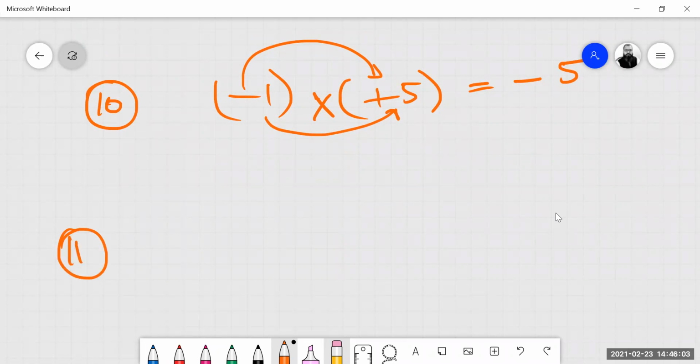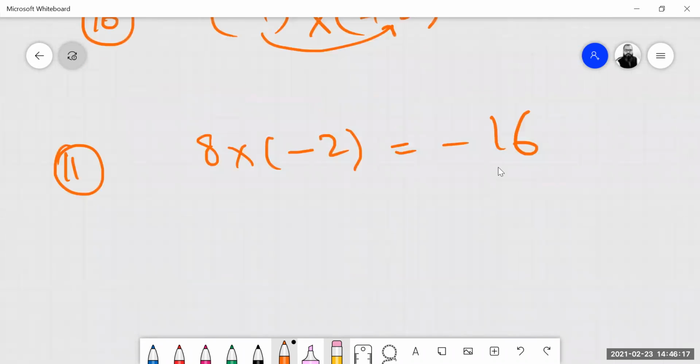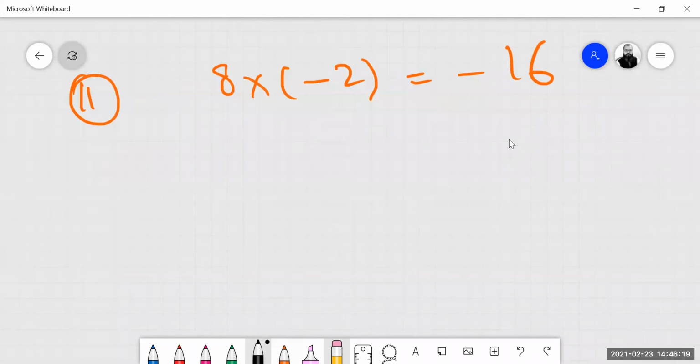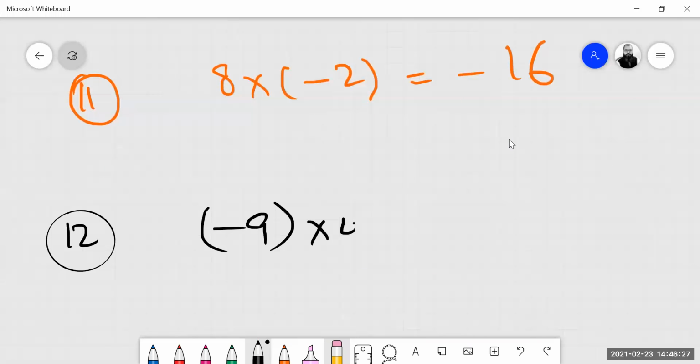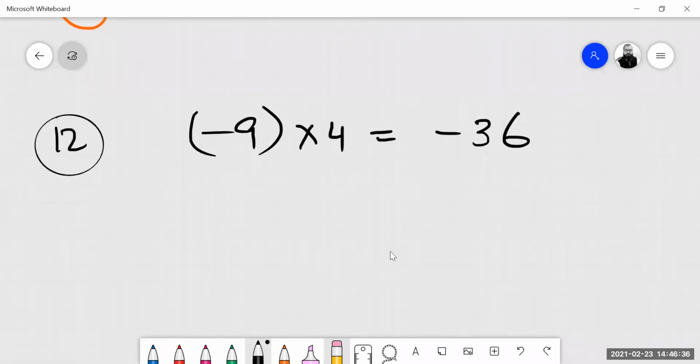Number 11. 8 multiply minus 2 equals minus 16. Very good. Number 12. 9 multiply by 4 equals 36, minus 36.